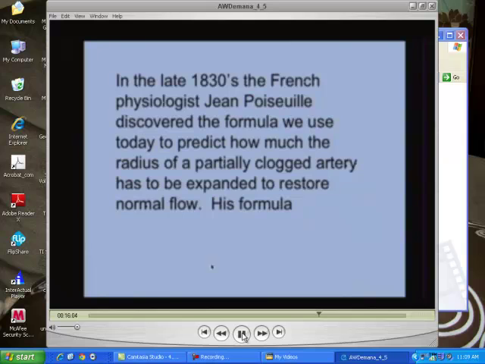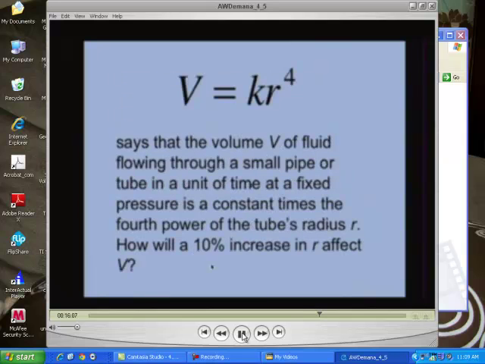His formula, V equals K times R to the 4th power, says that the volume V of a fluid flowing through a small pipe or tube in a unit of time at a fixed pressure is a constant, K, times the 4th power of the tube's radius, R. The question is, how will a 10% increase in R affect V?